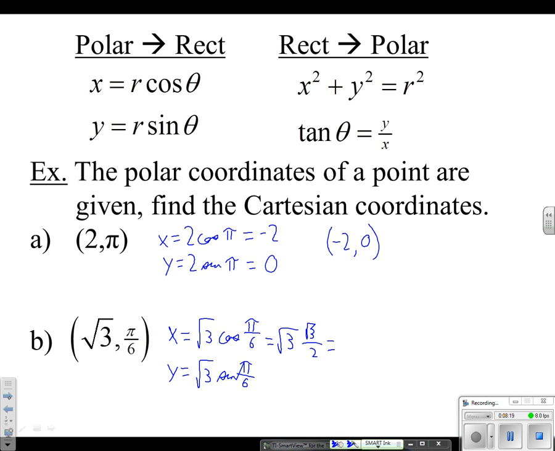So x is 3/2. Sine of pi over 6 is 1/2. So y is root 3 over 2. And so my Cartesian coordinates are 3/2 comma root 3 over 2. Okay, so this is how we go back and forth between Cartesian coordinates and polar coordinates.